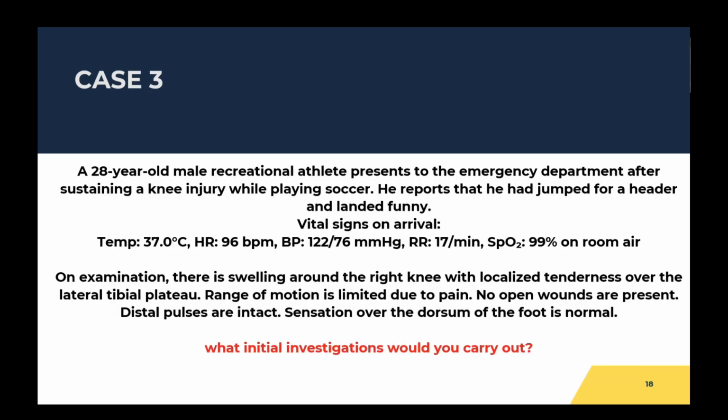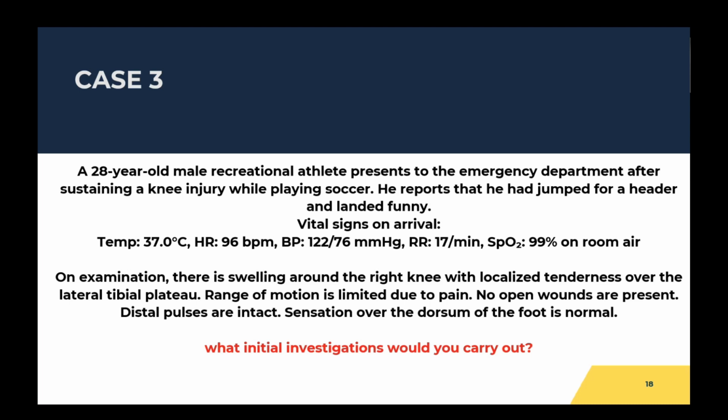So case 3 is a 28-year-old male recreational athlete who presents to the emergency department after sustaining a knee injury while playing soccer. He reports that he had jumped for a header and landed funny. You can see the vitals on arrival: temperature 37, heart rate 96, BP 122/76, respiratory rate 17, and oxygen 99% on room air.